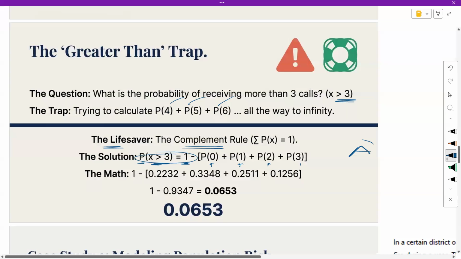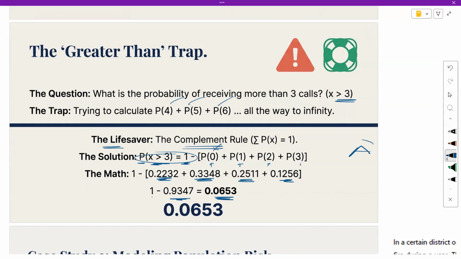We already found the probability of getting 0 calls, 1 call, 2 calls, 3 calls. Then we get 1 minus the sum of these, which is 0.06. So there is a 93% chance of getting 0 to 3 calls.